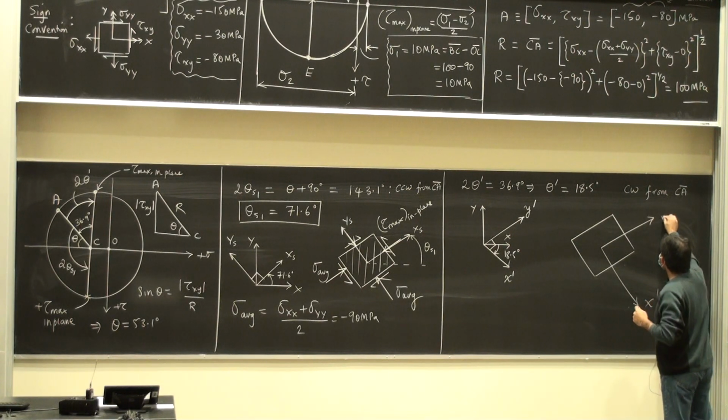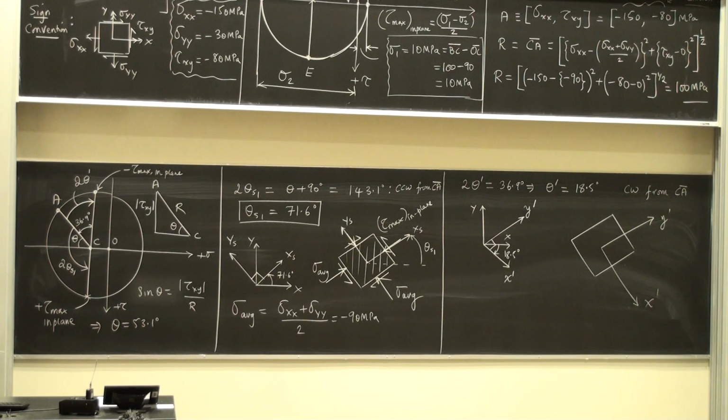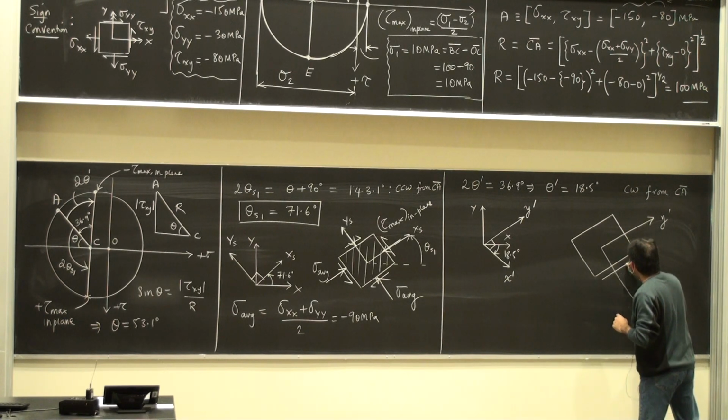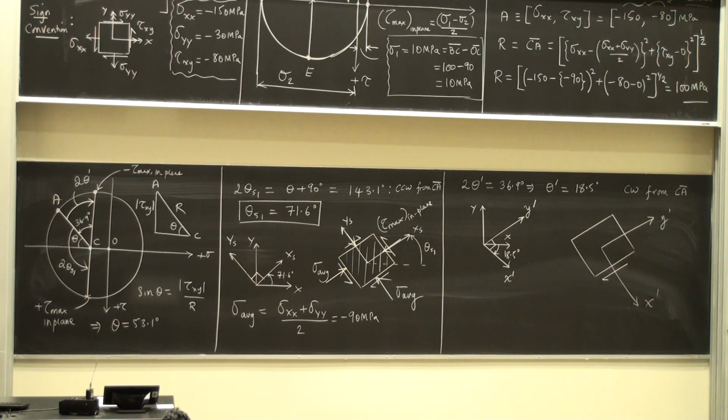x prime, y prime, what do you think is going to be the situation? Since I'm going to the negative tau, look at this guy, which is your culprit. On that side, what should be the direction of the shear stress? It should be opposite to the sign convention, because I am going to the negative value.